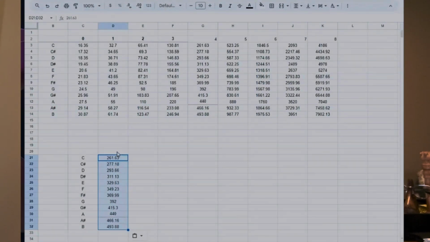Okay, now because this is cyclic, we need to get the 13th note, which is the C on the next octave, right? So I'll add a C here, and the C on the next octave, the frequency is here, which is 523.25 hertz. And so I'll copy that and I'll bring it over here. Okay, so that's our 13 frequencies, C to C.